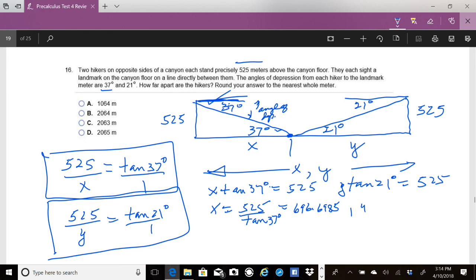And y is equal to 525 over the tangent of 21 degrees, which is 1367.6717.